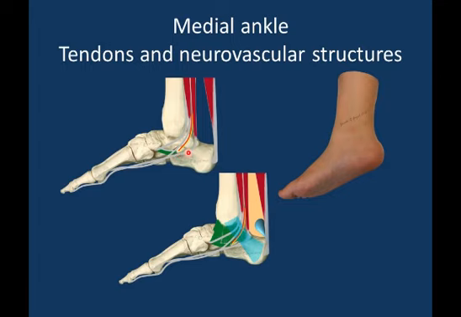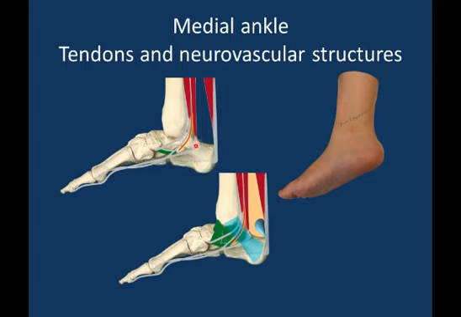The flexor hallucis longus tendon lies in a groove on the posterior aspect of the talus, behind the ankle joint and anterior to the Achilles tendon.